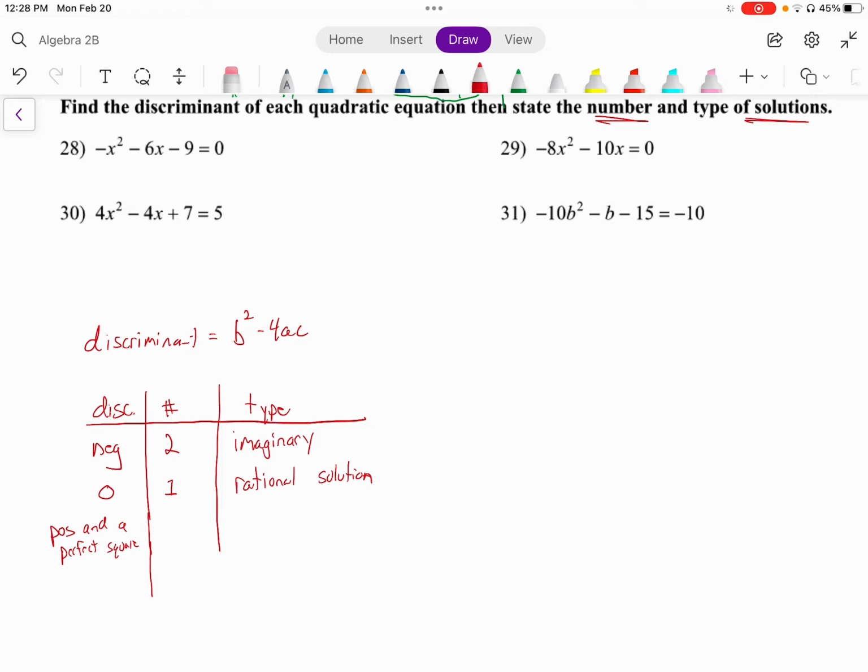So 1 squared is 1, 2 squared is 4, 3 squared is 9, 4 squared is 16, 25. So all those perfect squares, now they have to be positive. If it's negative, it's automatically imaginary. So if it's positive and a perfect square, you have two rational solutions.